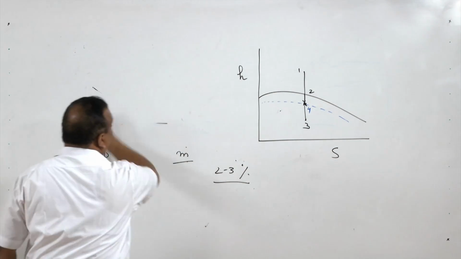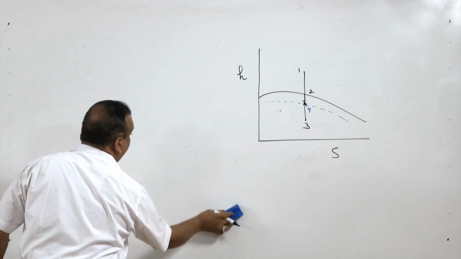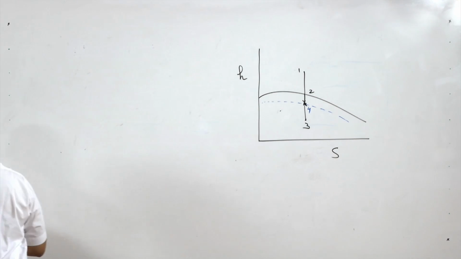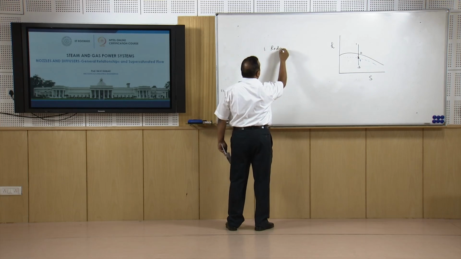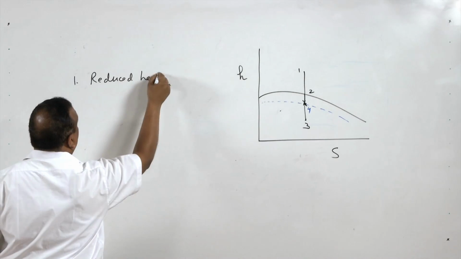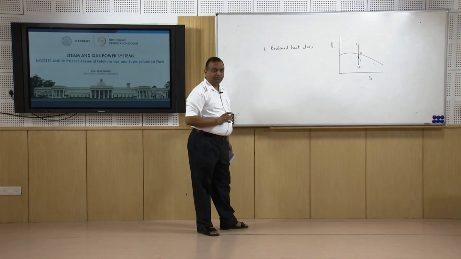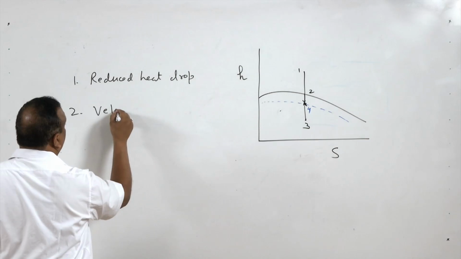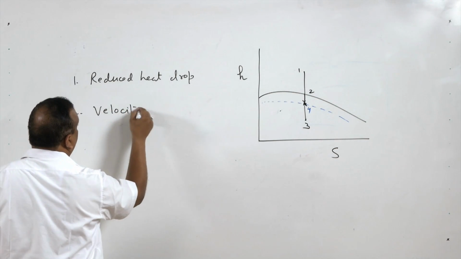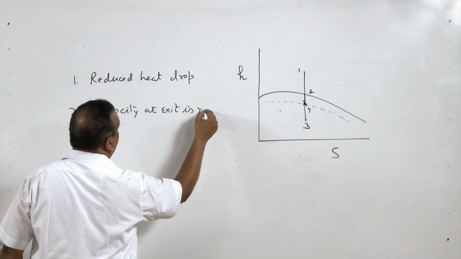In addition to this, there are certain effects of supersaturated flow of fluid in the nozzle. Number one is reduced heat drop. The heat drop is reduced, and the corresponding velocity at exit is reduced.